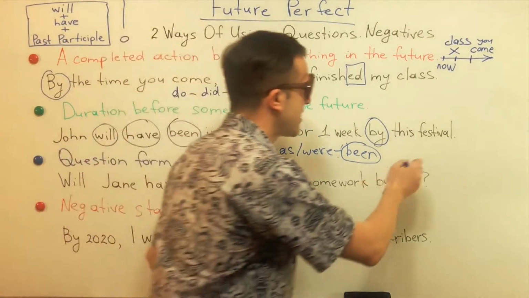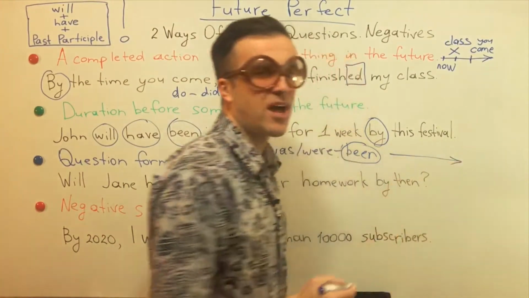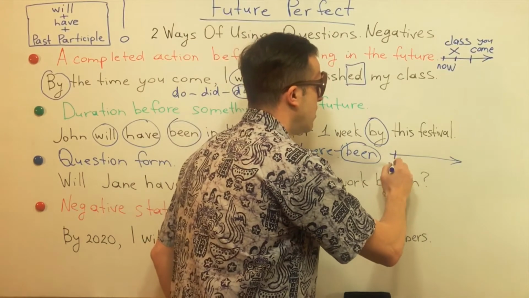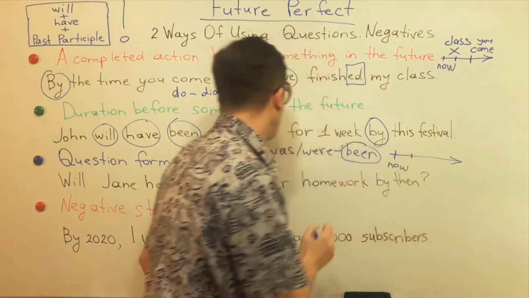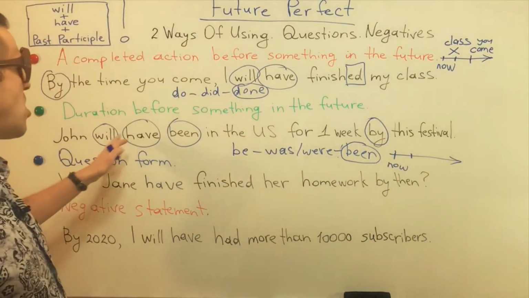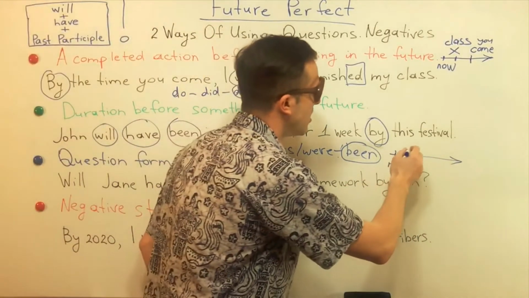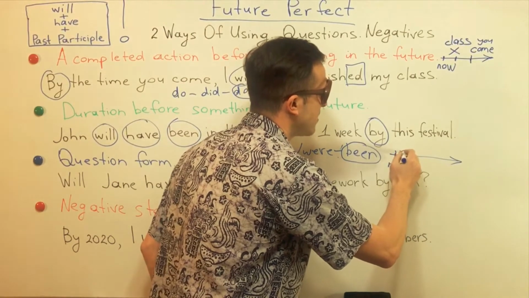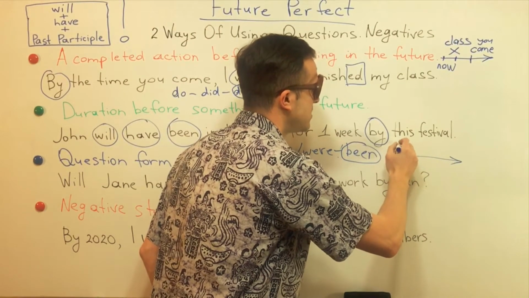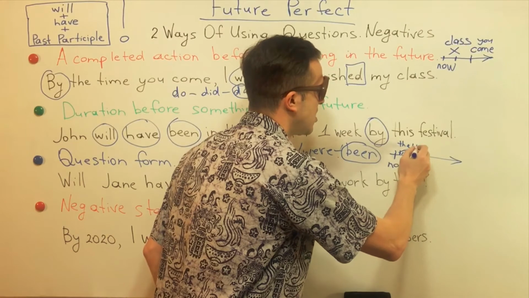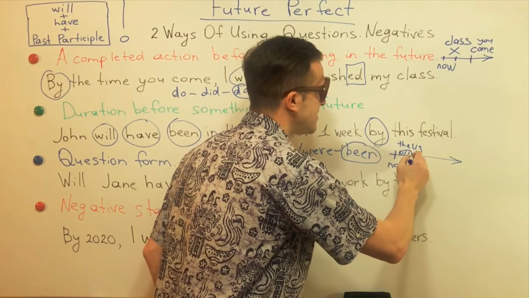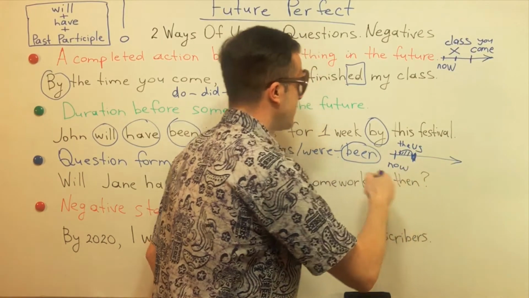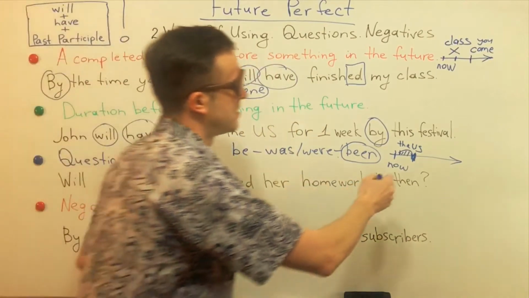So imagine again, let's draw the line. Here it is now. Here John will have been in the US. He will live for some period of time in the US. So here is the US, and here is the festival. The festival is going to start.